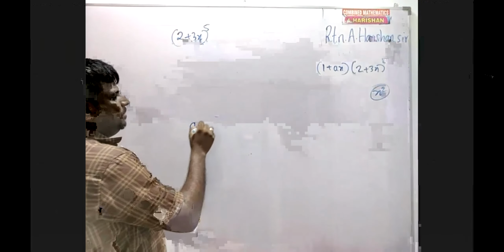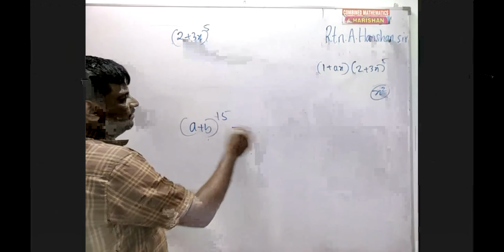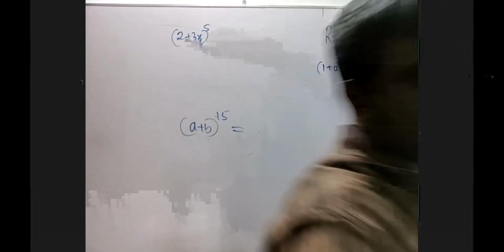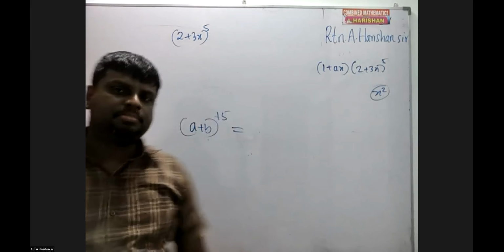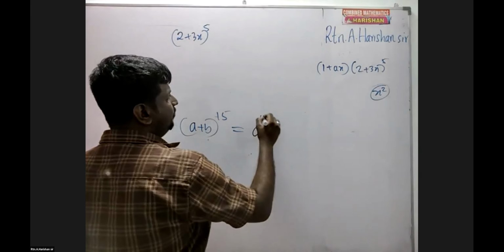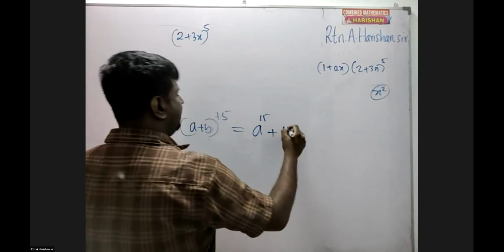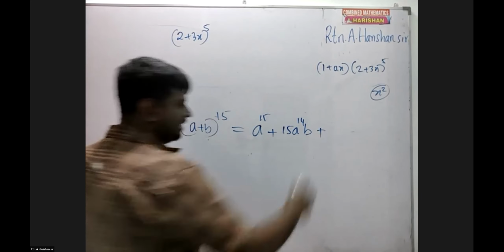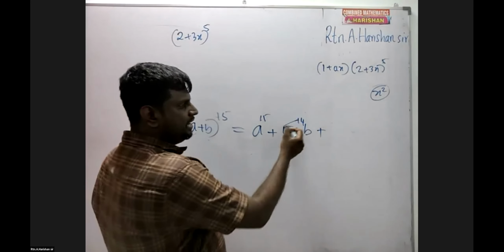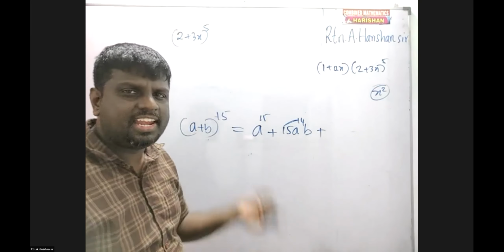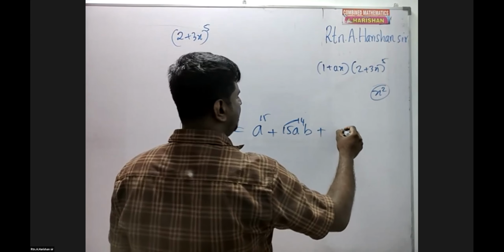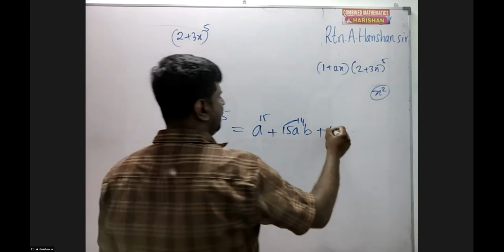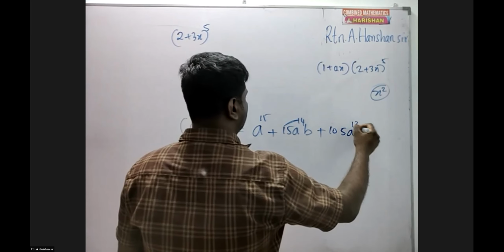See, (a plus b) to the power 15. How to write the expansion? A to the power 15 plus 15 a to the power 14 b. What will be the next term? You multiply these two, 14 and 15, and divide by 2. So 7 into 15 means 105, a to the power 13 b squared.